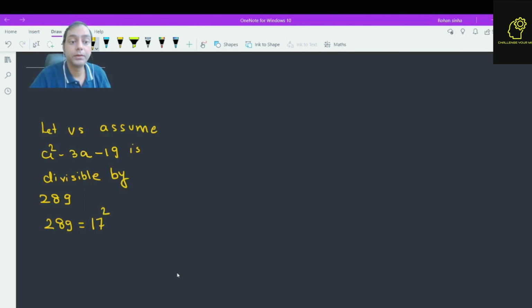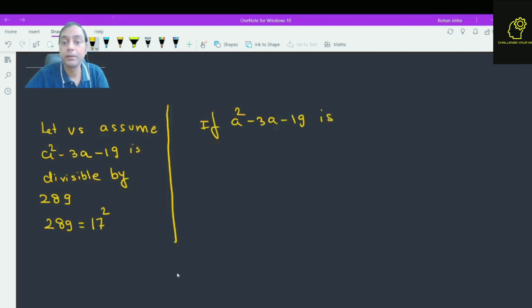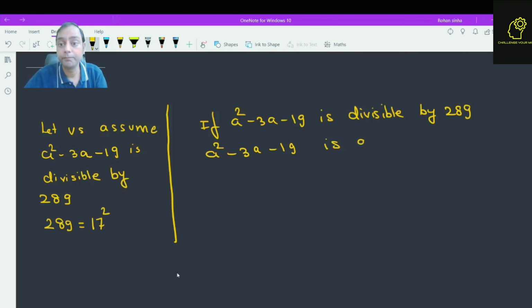So, if a square minus 3a minus 19 is divisible by 289, this means a square minus 3a minus 19 is also divisible by 17.